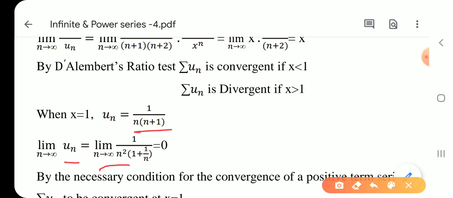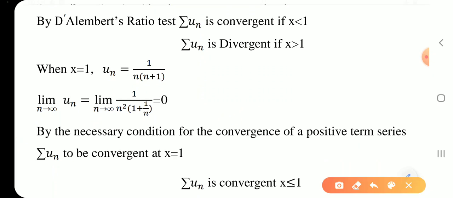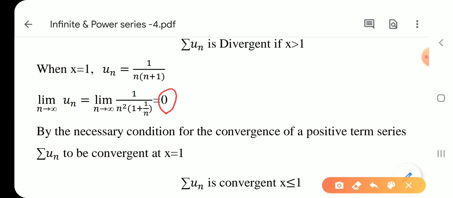When you apply the limit, it will be of the form 1 by infinity, which is 0. By the necessary condition of convergence of a positive series, sigma un is convergent if x is equal to 1. If you get the value of the limit as 0, it is convergent. If it is not equal to 0, it is divergent.